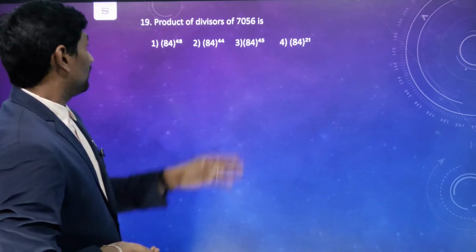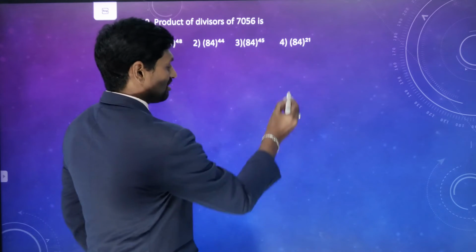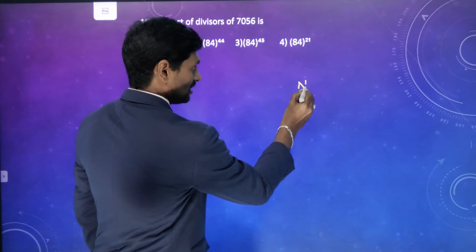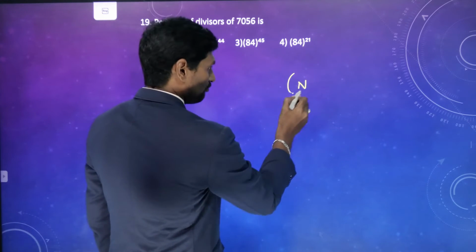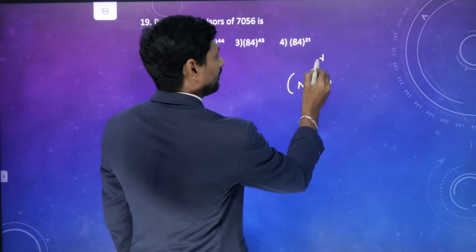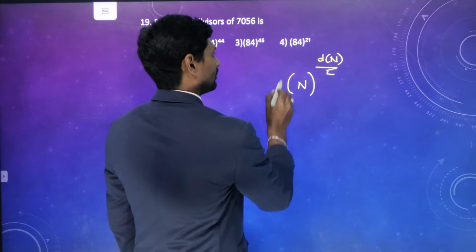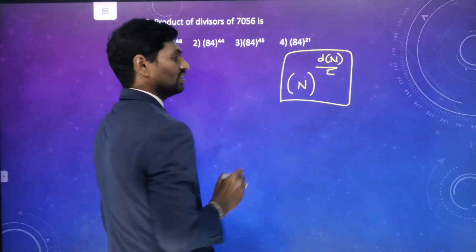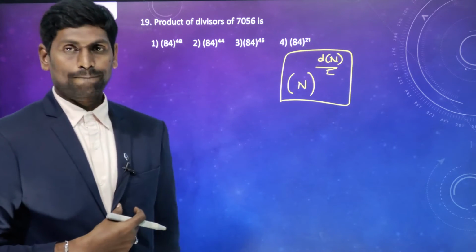Now, product of divisors. We have discussed in our previous class, product of divisors formula is the number power number of divisors by 2. This is the formula we should use to find the product of divisors.